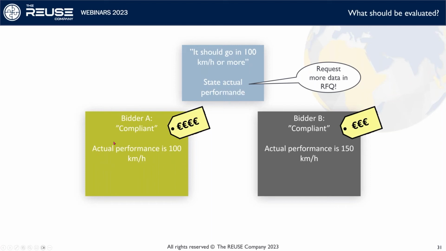It would give you some more understanding. It could help you perhaps to some extent in the evaluation. Now, it still looks like they're both compliant, but one is cheaper and they actually have higher performance than you have required, but who knows, it may mean some sort of advantage to you.